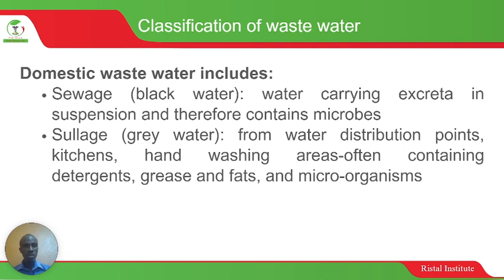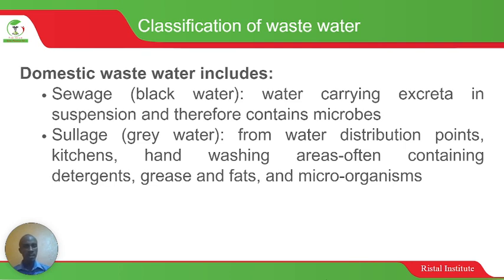So sewage, which can be called black water, is that wastewater that will be carrying excreta in suspension, and it will therefore contain microbes. So you cannot reuse this water, or you cannot dispose of it without first dealing with it or treating it.